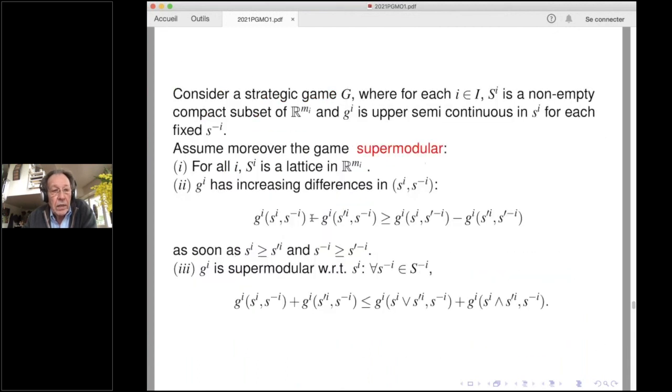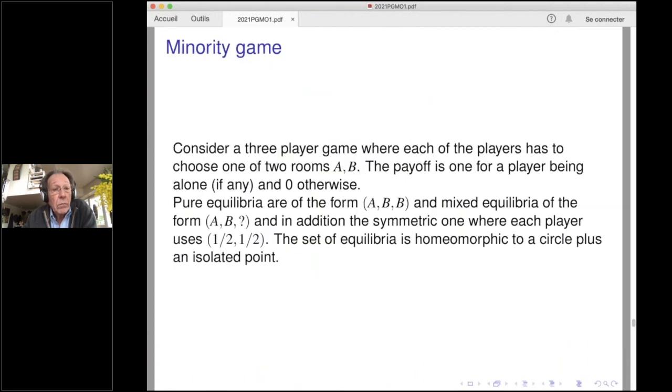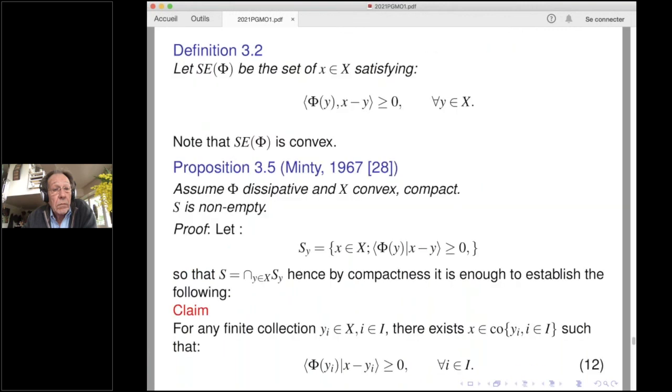So SE is the set of x that satisfies ⟨φ(y), x − y⟩ is positive for all y. It's always the case where X is compact convex. Note now that this is an intersection of half-spaces, so this set is always convex.